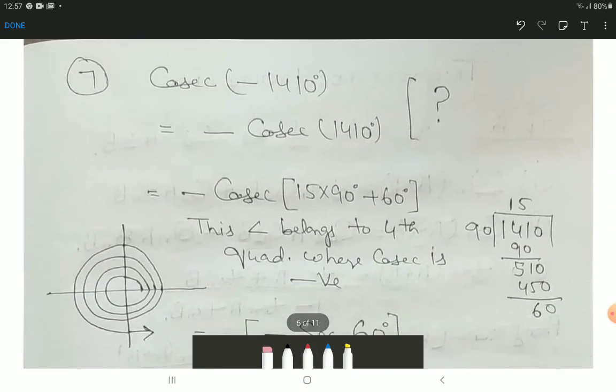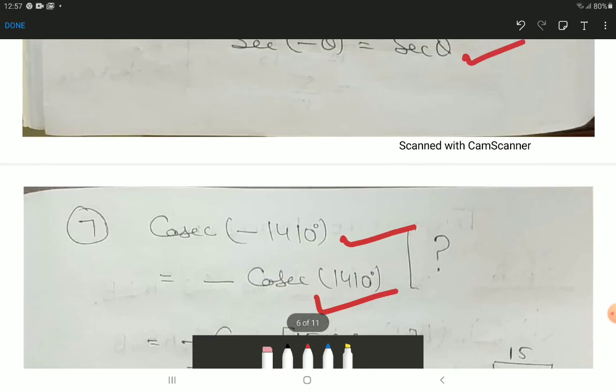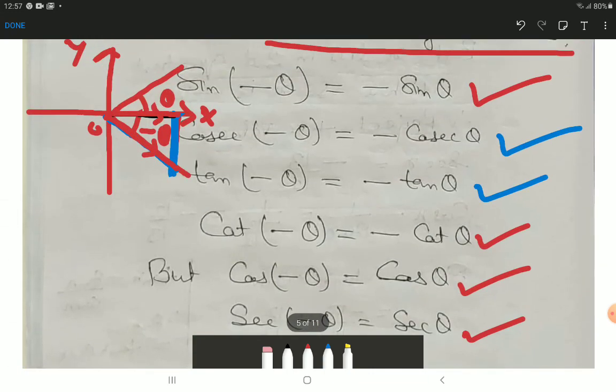Taking more examples, cosec of minus 1410 degrees. And as we have done just now, cosec of minus theta is minus cosec theta. Please recall that in all trigonometric ratios of negative angles, the negative sign comes out, except in the case of cos and sec.